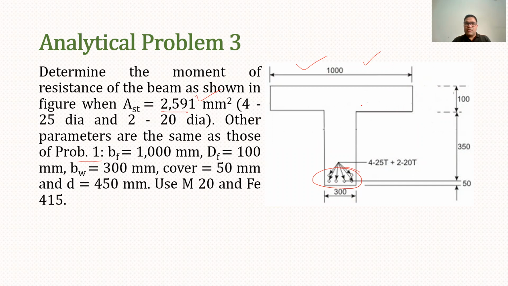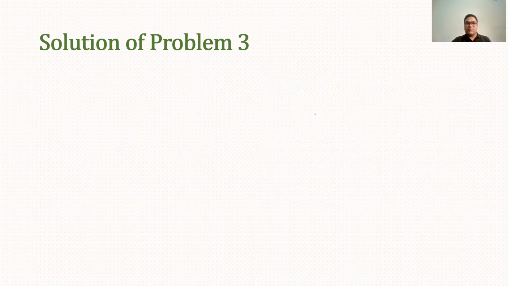We don't know that, and we don't even know where our neutral axis is lying. Like in the second case, we already knew that our section is balanced and the neutral axis is lying in the web. But right now in this third problem, we don't know where it will be lying.